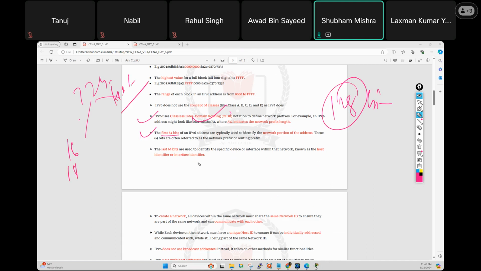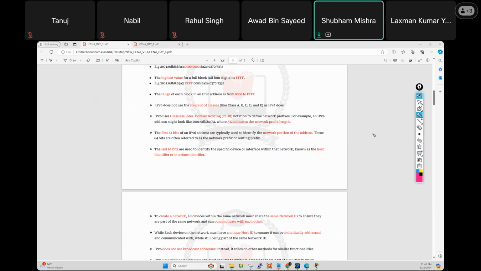Similarly, in IPv6, 64 bits are network and the rest 64 are host. So 64 plus 64, how much? 128. So the first 64 bits are known as the network, and the last 64 are known as the host.